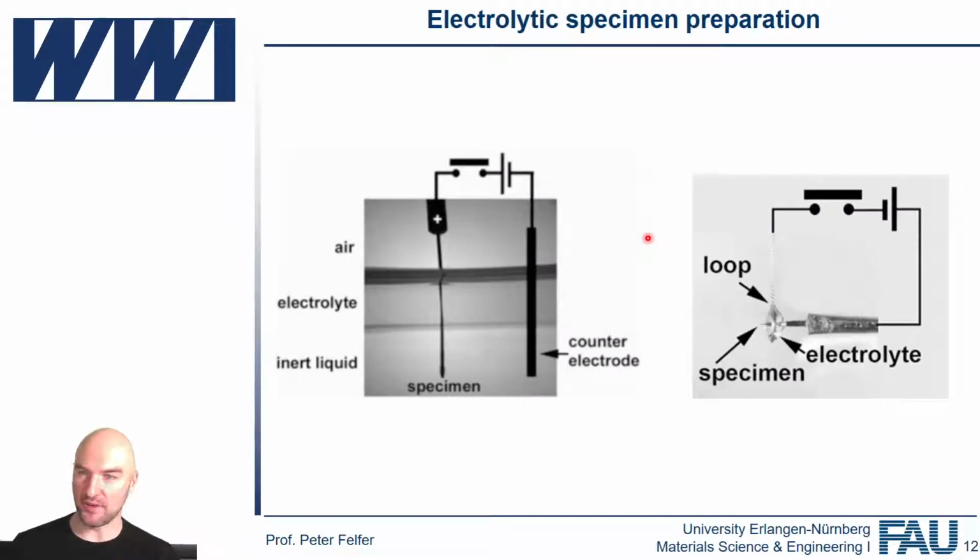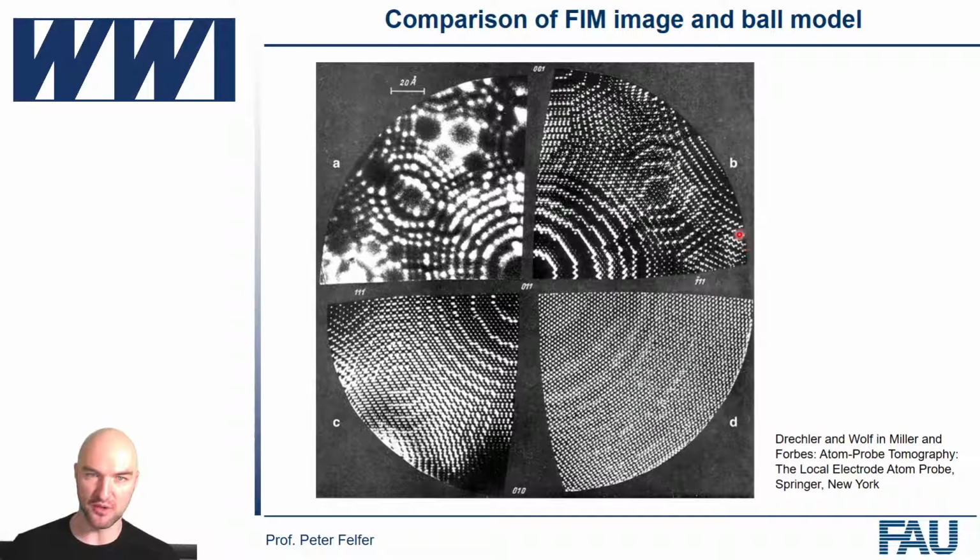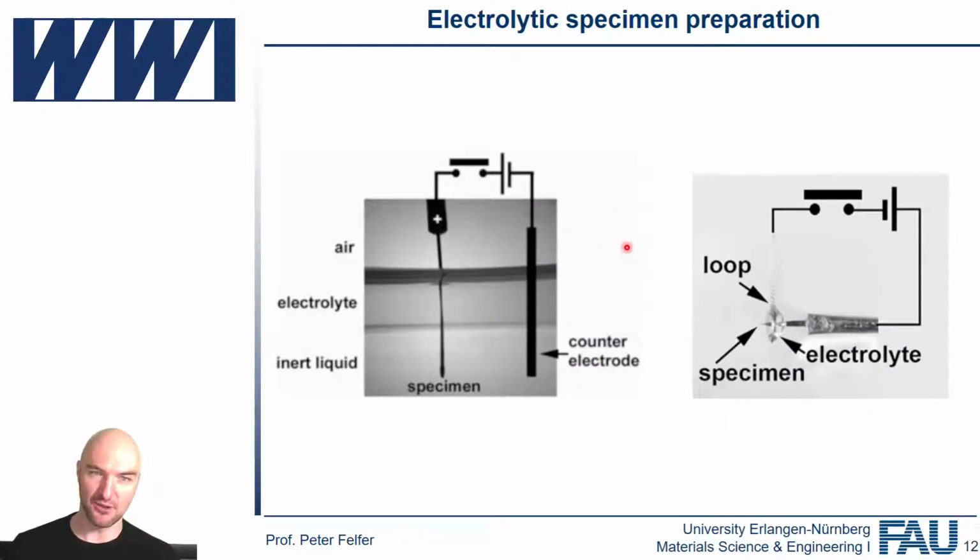And as I said, the reason why we can do that so simply is because of the very simple specimen preparation that was used for creating those tips. All you have to do is just take a wire and use an electrolyte to make it thinner and thinner. The reason why we do electropolishing in this case is that we can stop the polishing at the right moment.